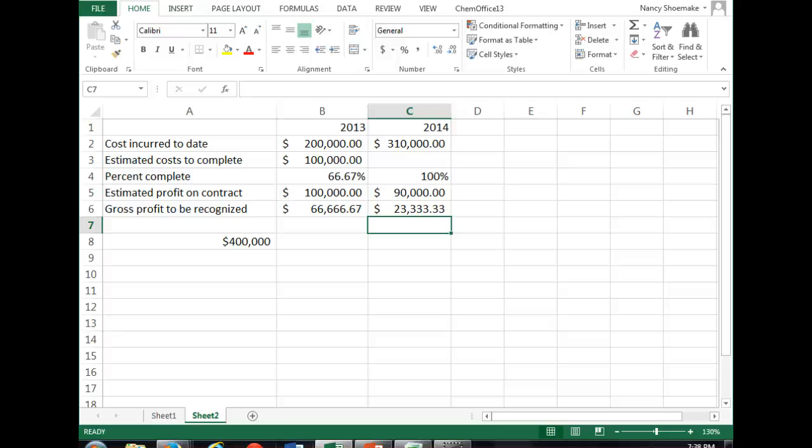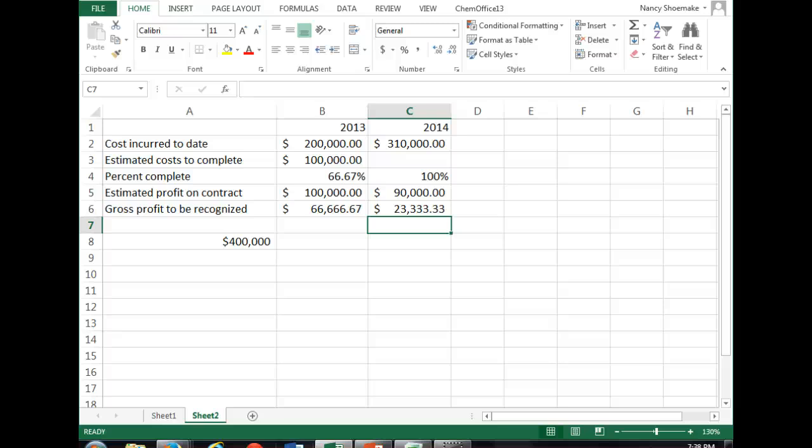In addition, it adds the gross profit that it recognizes on the project to the account, so at the end of the period, inventory is valued at not just cost, but cost plus the gross profit recognized.